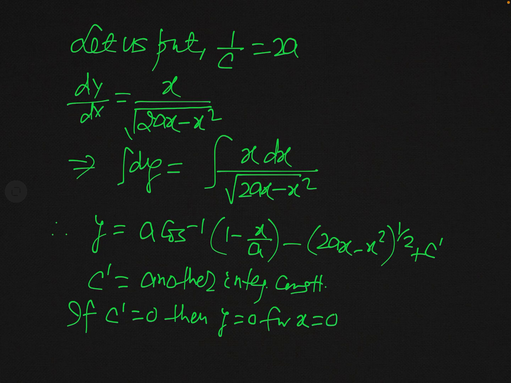It means if you consider that the particle has been dropped from the origin, then this c prime will be equal to 0. So now let us consider the initial position from which the particle is dropped and moves under gravity to be the origin. So in this condition, what will be our equation? And now this c prime is 0.